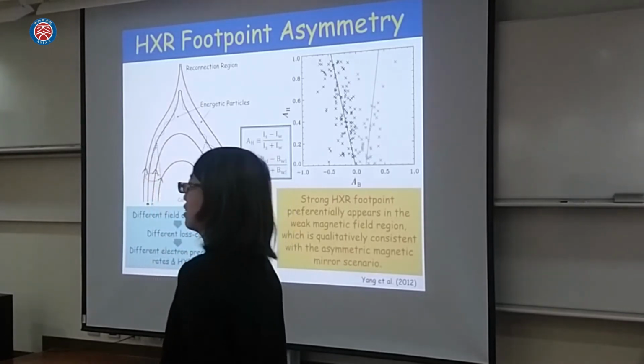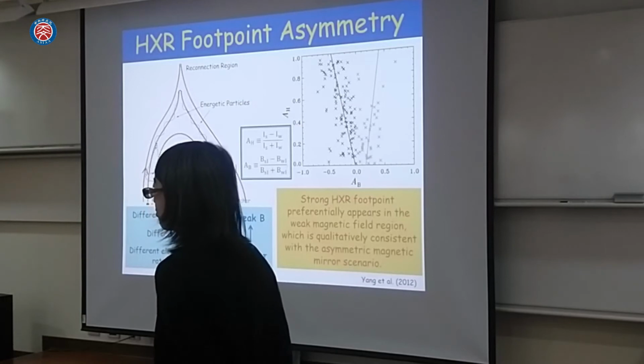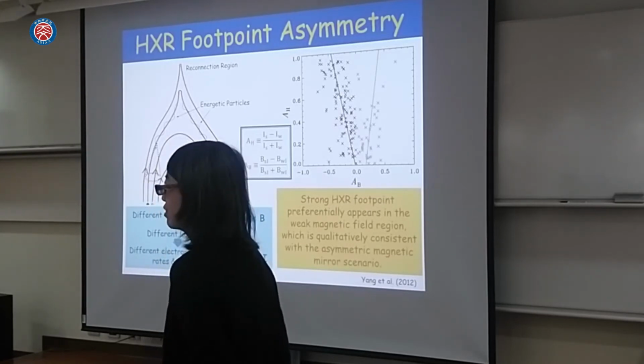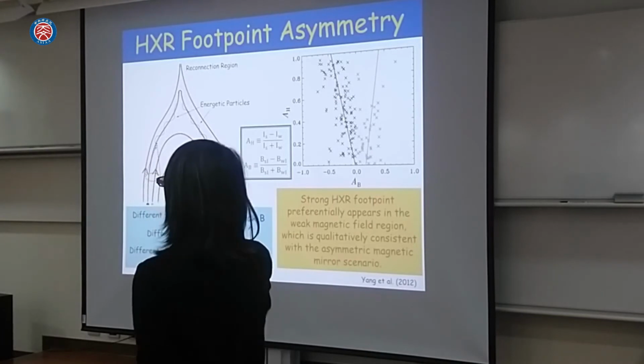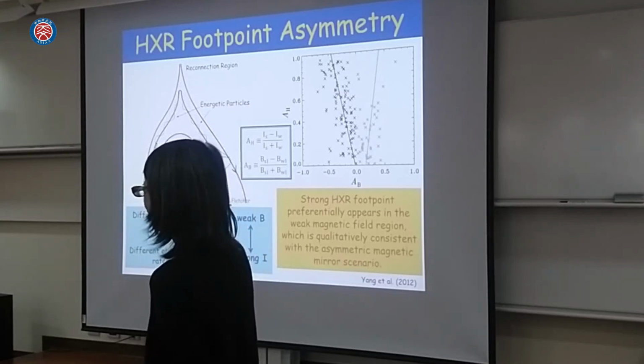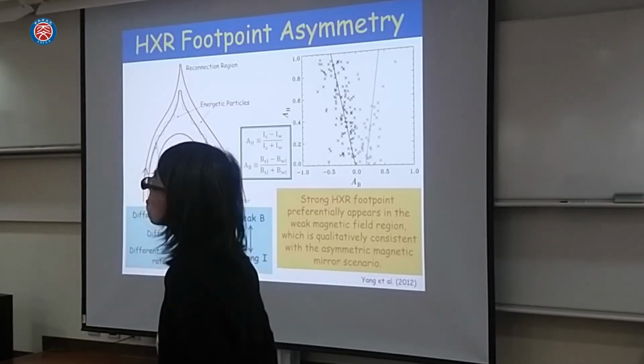Depends on the magnetic field, right? Yes. So you mean if electrons go to this side, then no electrons go to the other side because the magnetic field direction gives this constraint?